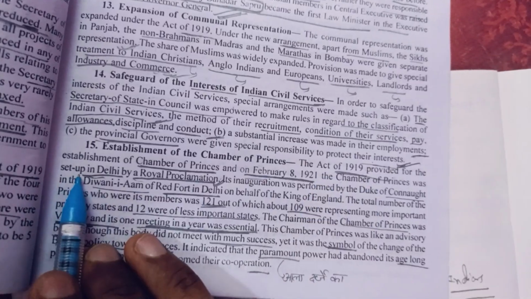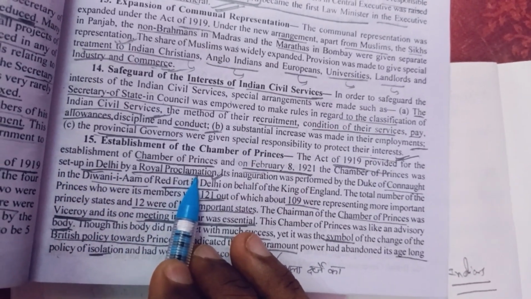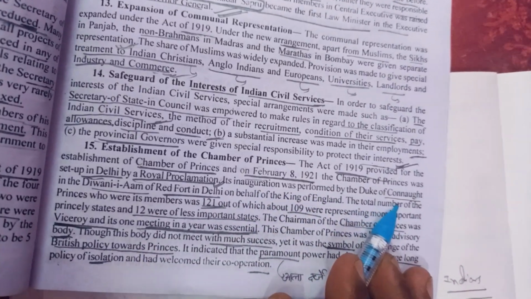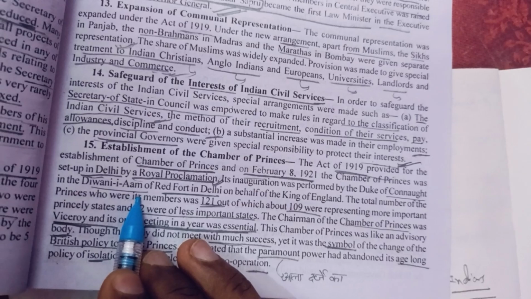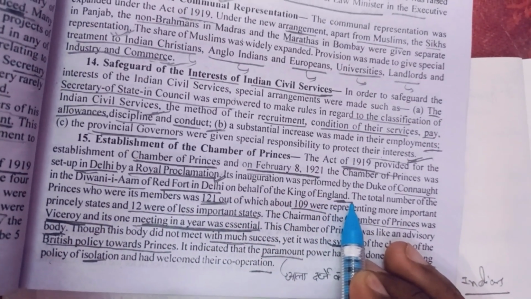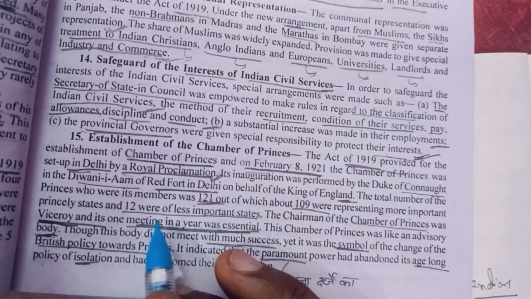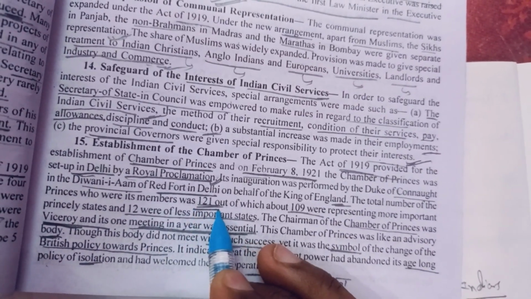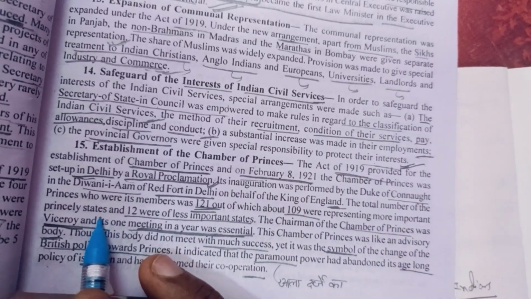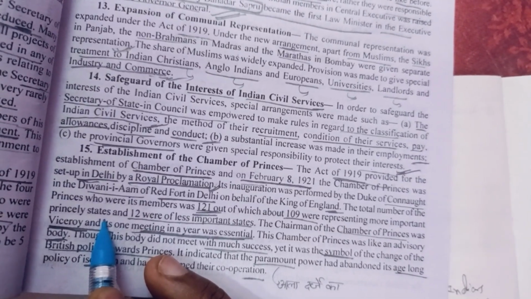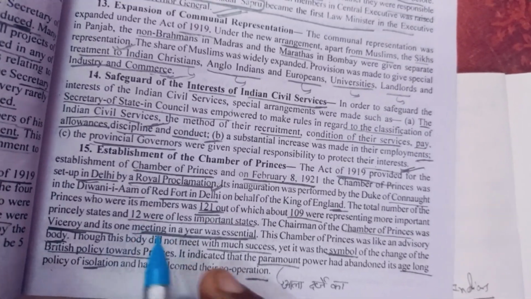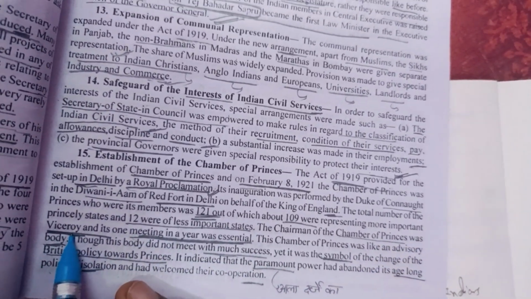The Chamber of Princes was set up in Delhi by royal proclamation, and the inauguration was performed by the Duke of Connaught in the Diwan-i-Am of Red Fort in Delhi on behalf of the King of England. The total number of its members was 121, out of which 109 represented more important princely estates and 12 represented less important princely estates. And the chairman of the Chamber of Princes was the Viceroy.